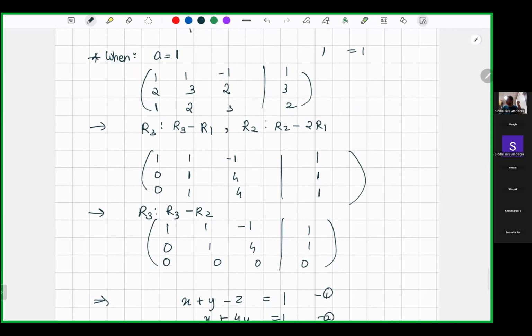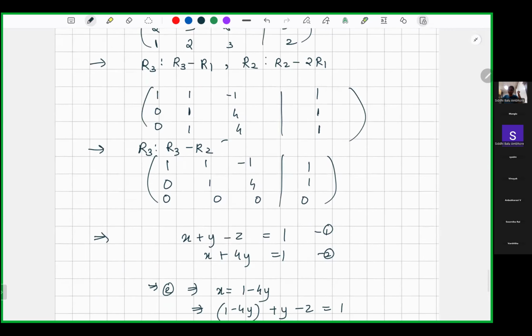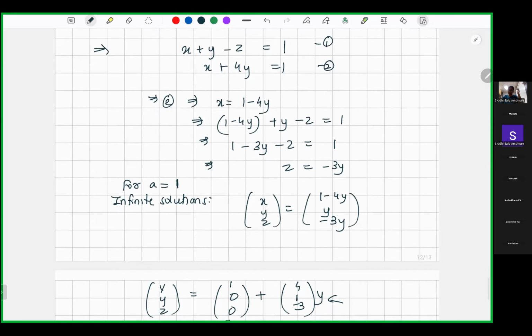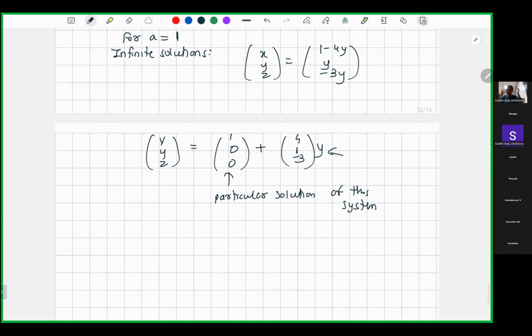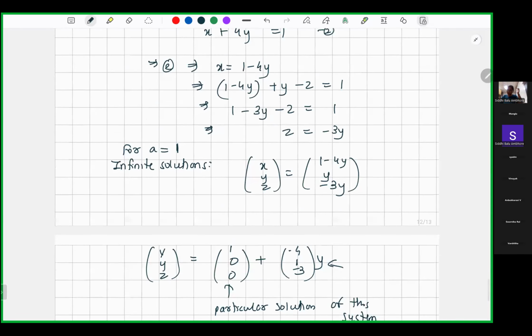Yes, because it is 1 minus 4y, 1 we have taken out. Minus 4y, that minus symbol should come with it. Okay, yeah, minus 4y is okay.